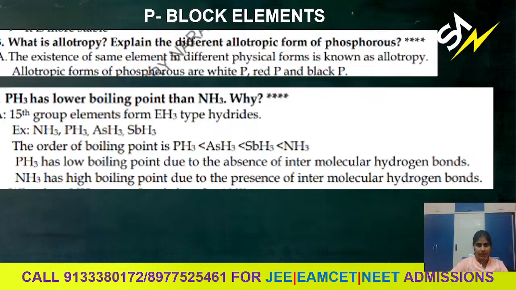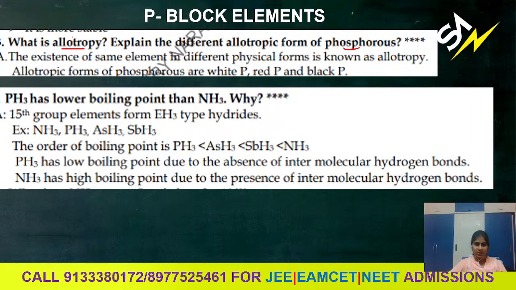This is about metallurgy. And next we have block elements. That is, in our plus 2 we have P block and D and F block elements. In the P block, we have group 15, 16, 17 and 18 elements. Here is an example question: what is allotropy and what are the different allotropic forms of phosphorus?